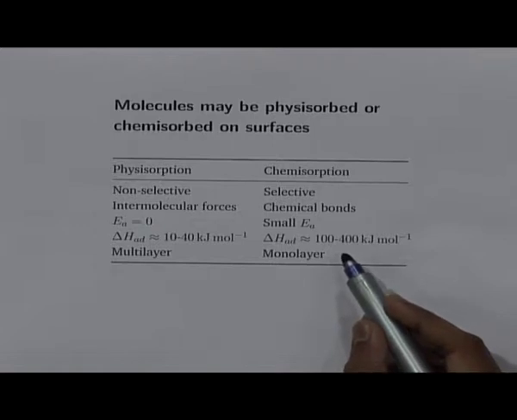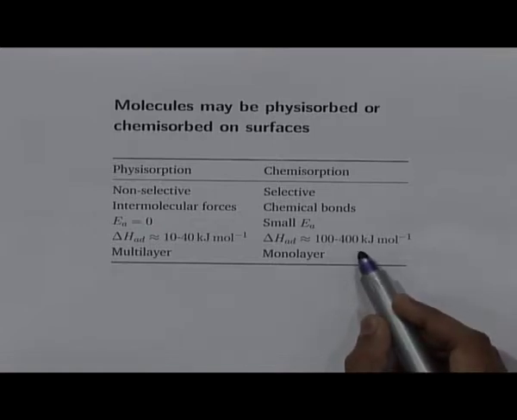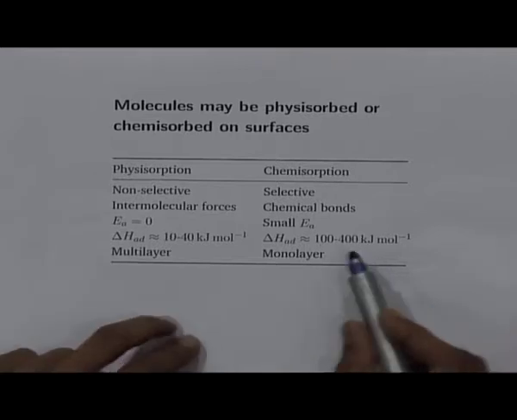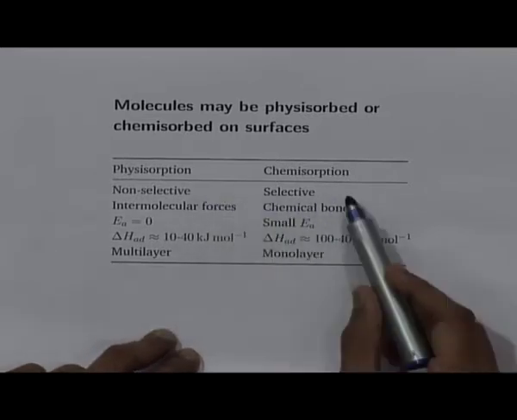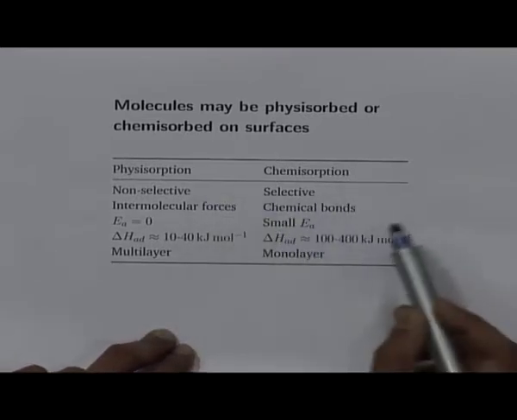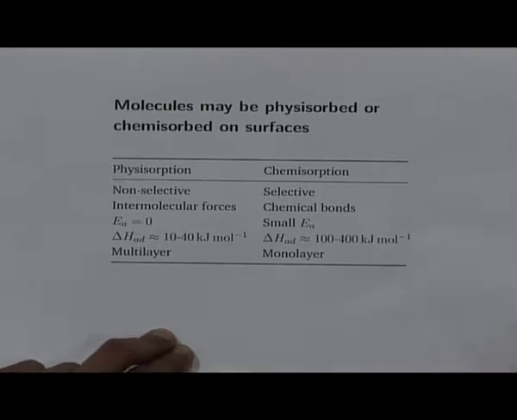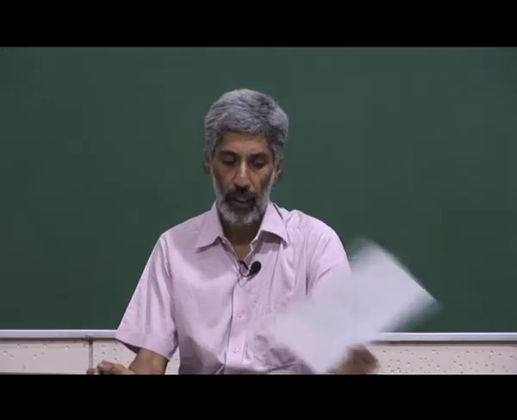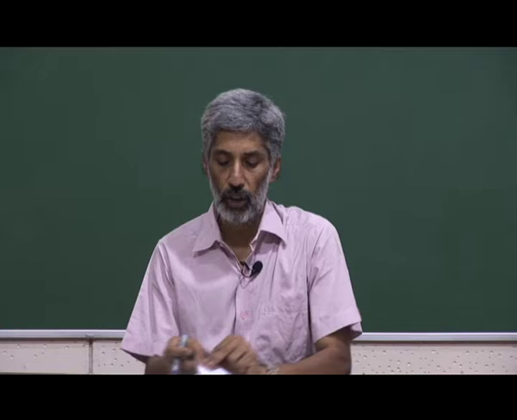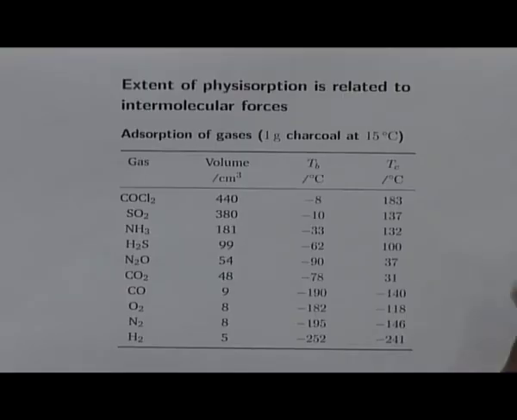So, these are some of the significant differences, or a comparison of how physisorption differs from chemisorption. This is important enough for you to make a note of. And we will move on and look now at how these intermolecular forces determine the extent of physisorption.